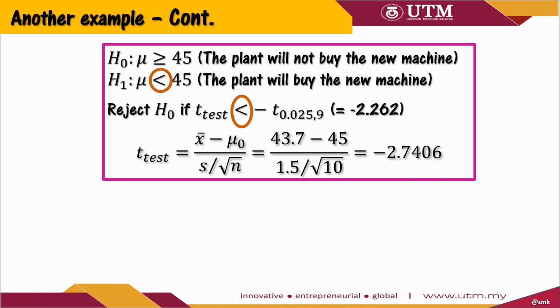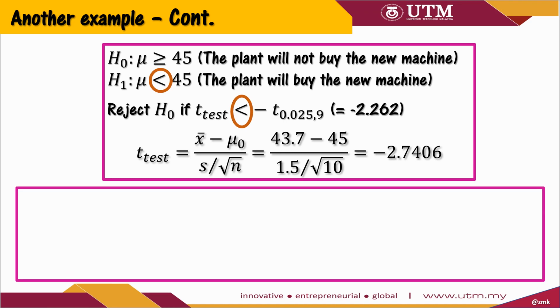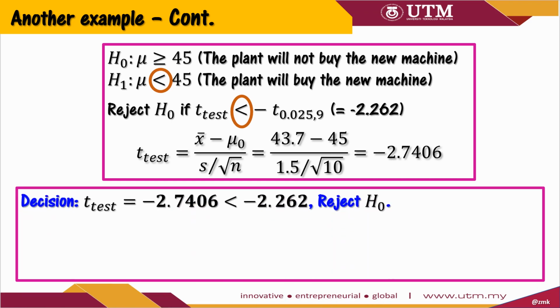Based on this value, we can now make a comparison between the t-test and the critical value before making a decision. Since t-test value is clearly smaller than negative 2.262, which indicates that it falls in the critical region on the left, the decision is then reject the null hypothesis H0. Again, we need to answer the question, will the packing plant buy the new machine?